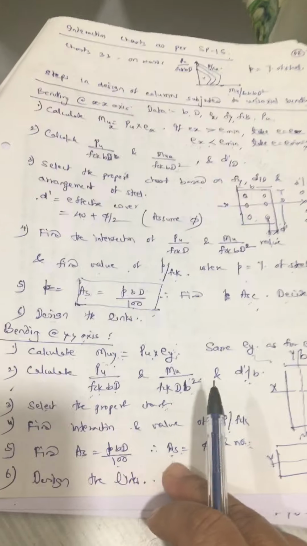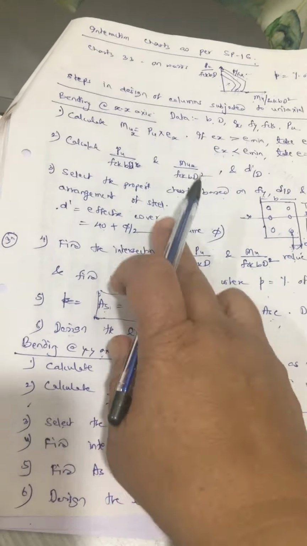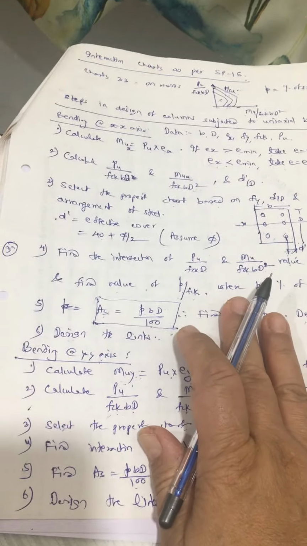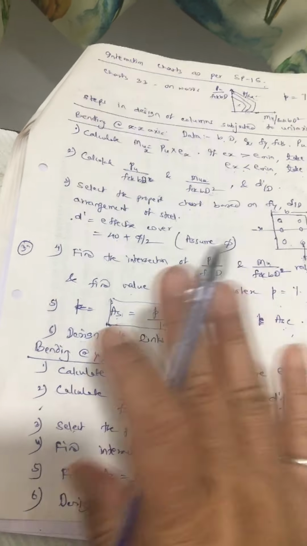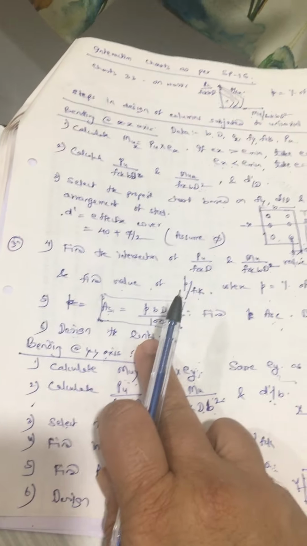A column is never designed at the same time for bending about x-axis and bending about y-axis, even if the bending about both the axes takes place at the same time. You have to design for one bending, that is for the maximum bending, and provide the same along the other axis, so that the steel will be maximum out of these two, and accordingly you have to design the column.